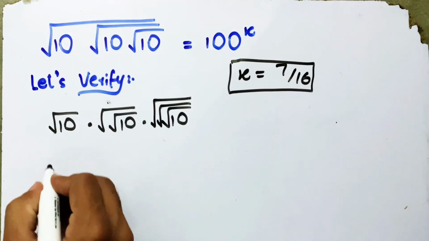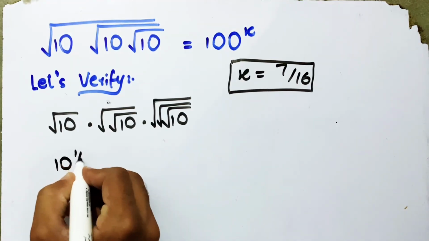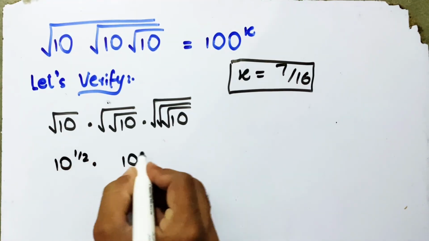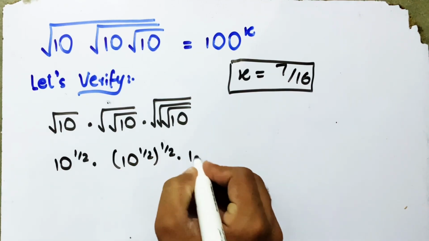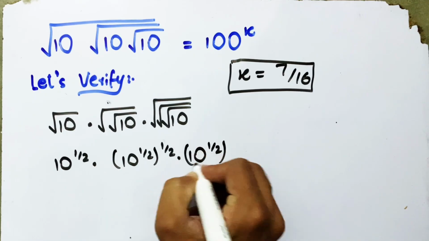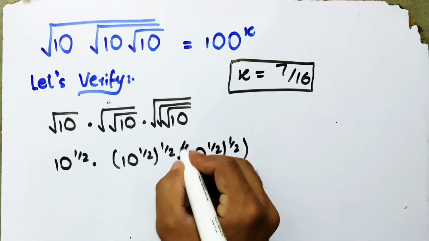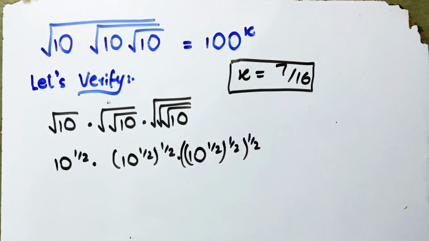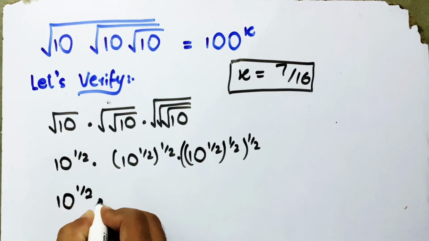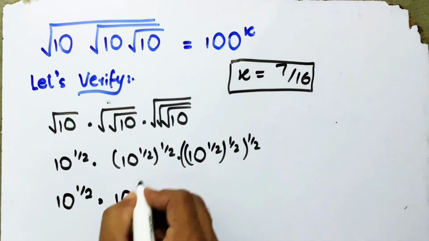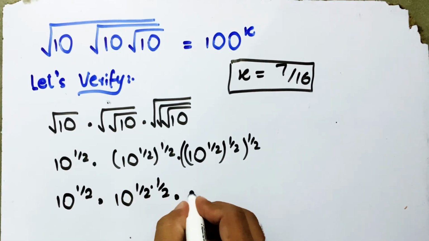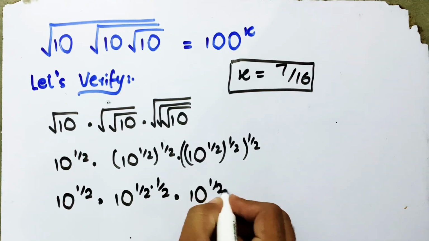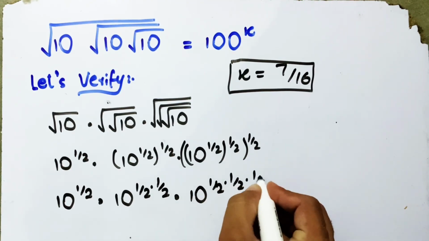The square root of 10 becomes 10 to the power of 1 by 2, then 1 by 2 times 1 by 2, and then 1 by 2 times 1 by 2 times 1 by 2.